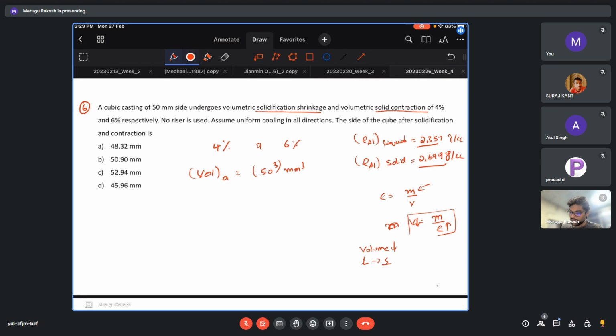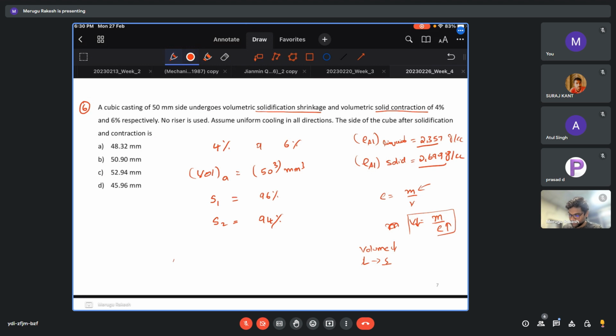Then we have a solidification shrinkage, let me write S1, which is 4%. That is nothing but we are left with 96% of the actual casting. Then in the second shrinkage, we have 6% shrinkage. So we are left with 94% of casting, which is left finally. So we need to take this from the original volume.